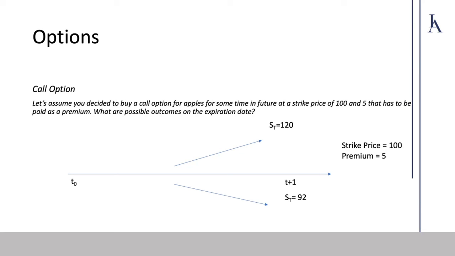But when time t plus 1 comes, the spot price in time t plus 1 could be either 120 or 92. Do you have any ideas what happens when you have entered the call option with a strike price of 100 and a premium of 5 that you have paid in T0?